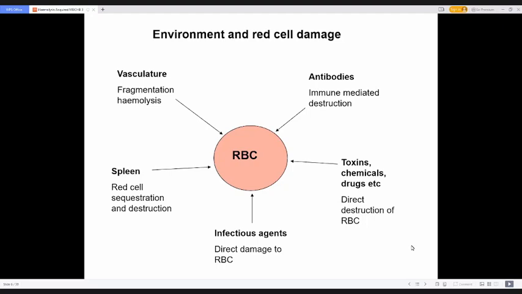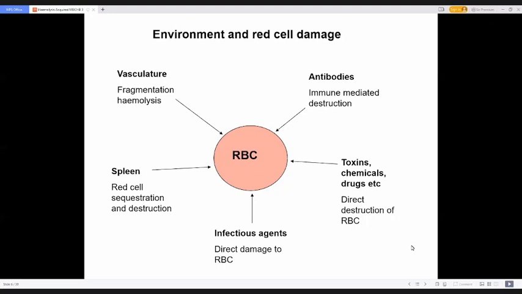Then you can have abnormalities within the vessel walls that the red cells circulate in, where you have, let's say, fibrin strands or vessel abnormalities that are unfriendly to the circulating red cell, and the red cell can be damaged when it interacts with the vessel wall, and you get hemolysis of red cells.